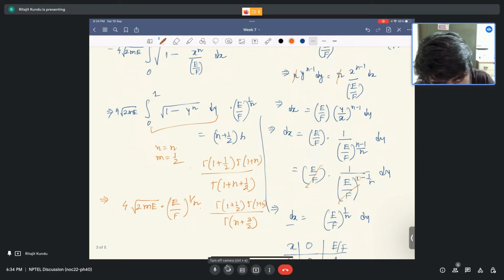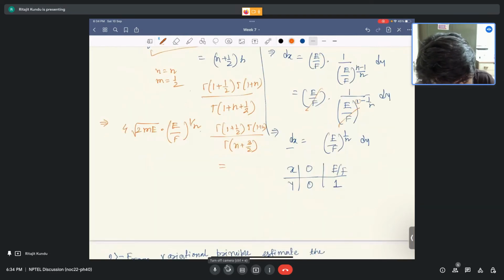Okay, and this quantity has to be equated to (n plus half) h, right? So we can do this algebra and find out the exact expression for the energy, but let us try to do something a little different. We just want to find the dependence of energy on the quantum numbers.